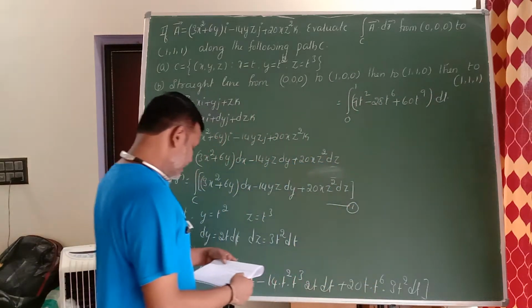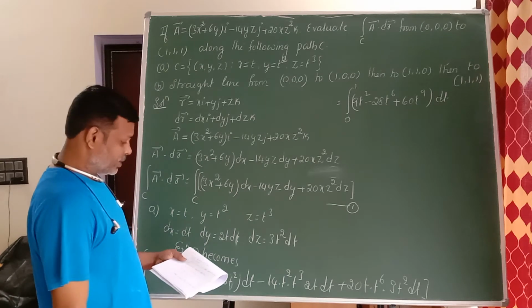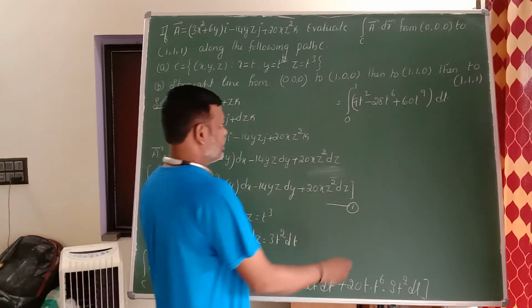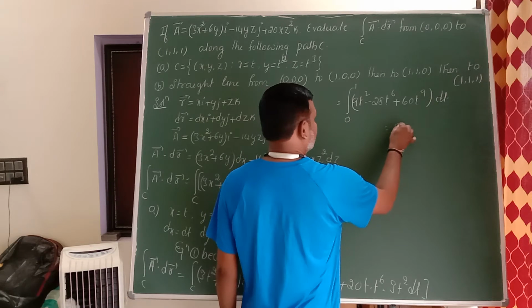So now we have 9t² − 28t⁶ + 60t⁹. Now if you integrate this, what happens here?